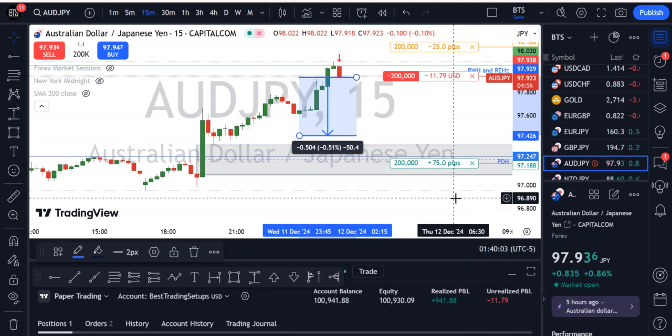Oh, not a sell setup, sorry. It's sell now.